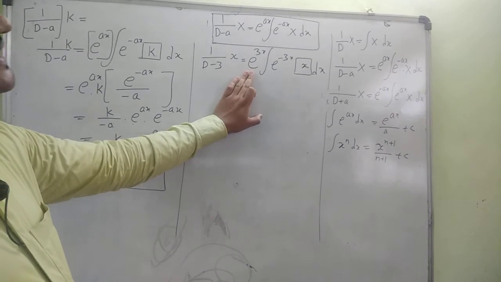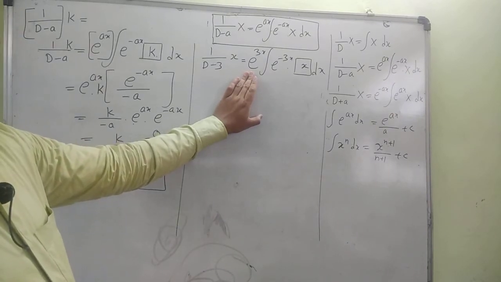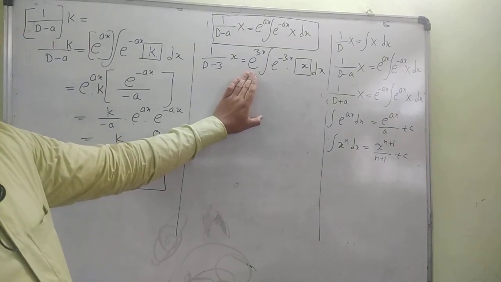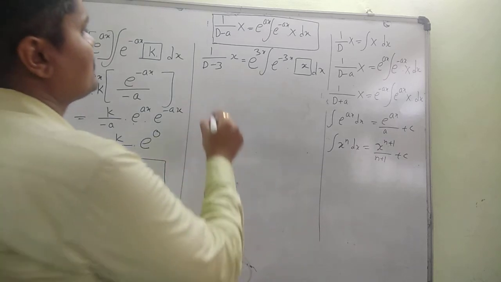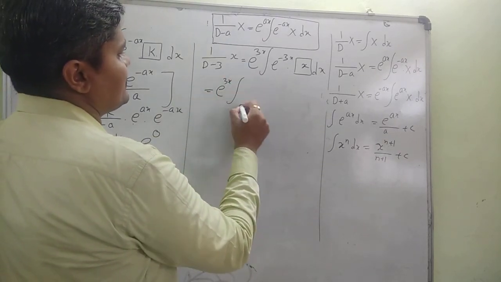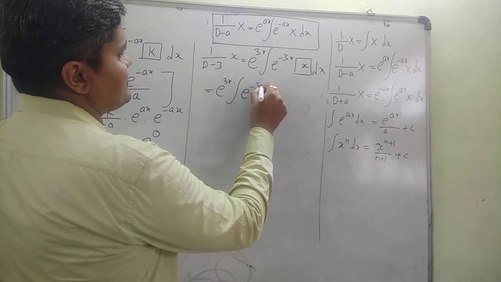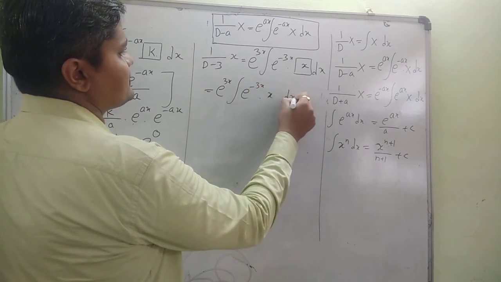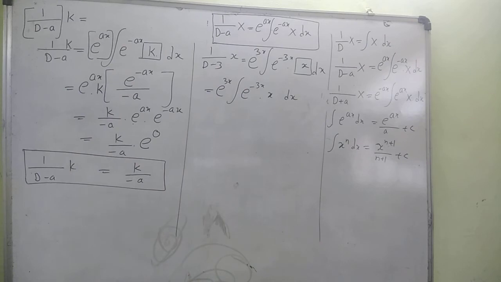This part, that is e raised to 3x, is considered a constant as it is outside the integration symbol. That is, e raised to 3x will be kept aside. E raised to minus 3x into x dx. Now it's part of the UV rule.